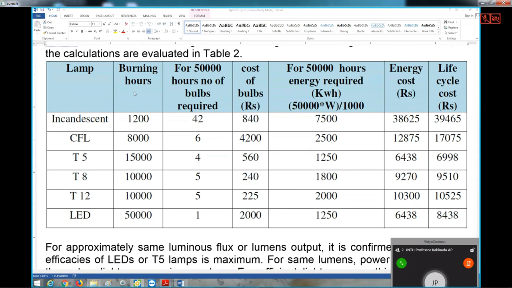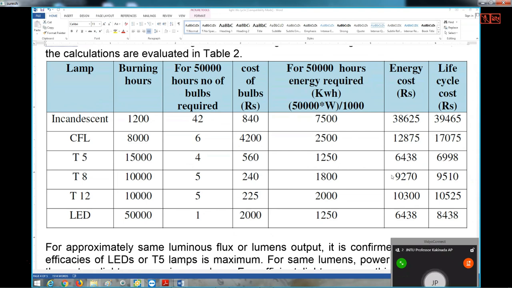By looking at this comparison table, it is clearly evident that the life cycle cost of LED lamps is very low compared with the other lamps. Incandescent lamp takes 39,465 rupees, CFL 17,000, T5 6,900, T8 9,500, T12 10,525.